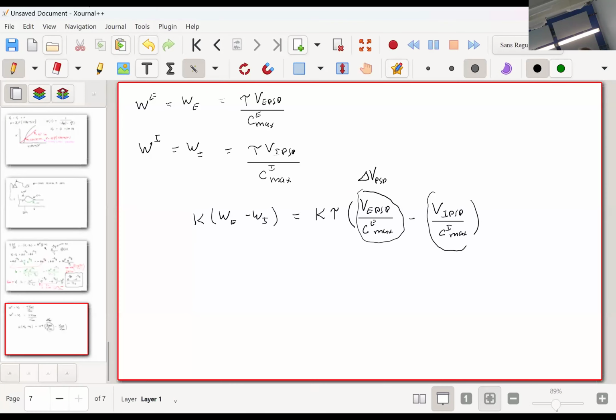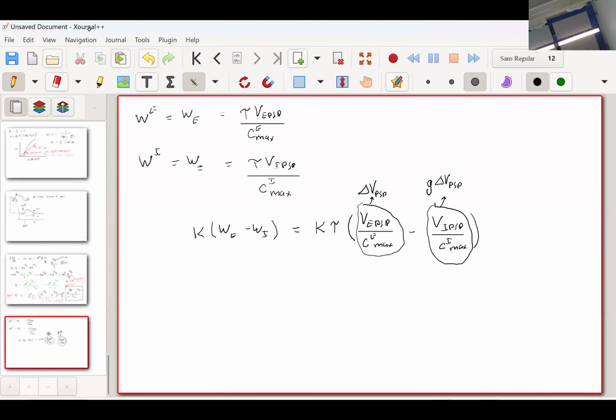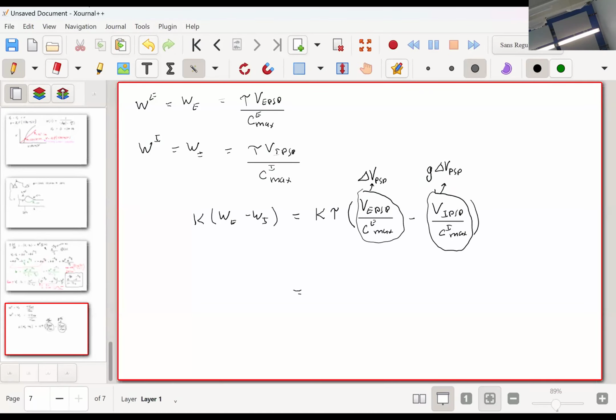And I call this quantity here, so this has got this name, I'm going to call it G. Okay, this quantity here is now equal to K tau delta V PSP times 1 minus G.